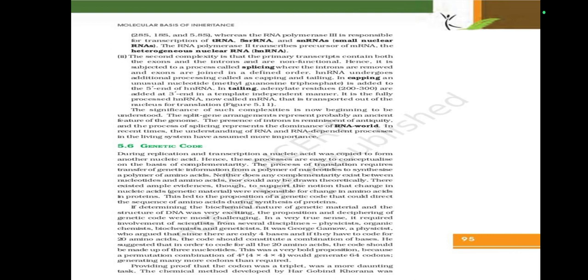It was George Gamow, a physicist, who argued that since there are only 4 bases, and they have to code for 20 amino acids, the code should constitute a combination of bases. He suggested that in order to code for all the 20 amino acids, the code should be made up of 3 nucleotides.